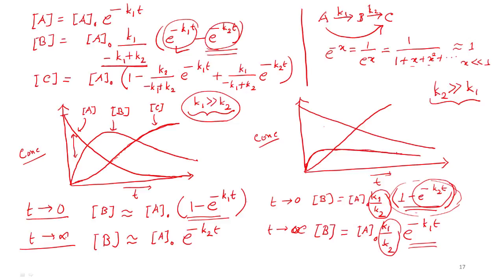So under this condition, we can say that the intermediate concentration is varying in such a way that it is almost 0, which means the intermediate is not varying over time. Remember that we do not have space here, so let me just write it here. So it is A0 K1 by K2 into e to the power minus K1t.